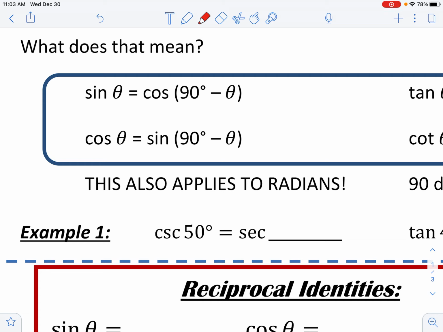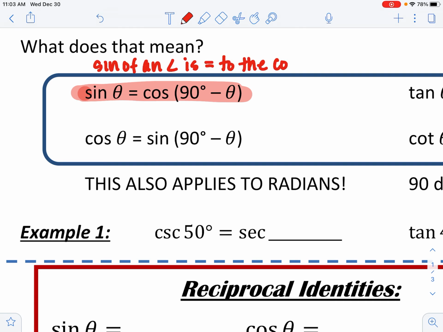So this one says that the sine of an angle is equal to the cosine of its complement. That's how you say it out loud. The sine of an angle is equal to the cosine of the complement. Okay, that's how I'm going to say it out loud, just so that you realize that. Sine of an angle is equal to the cosine of the complement.